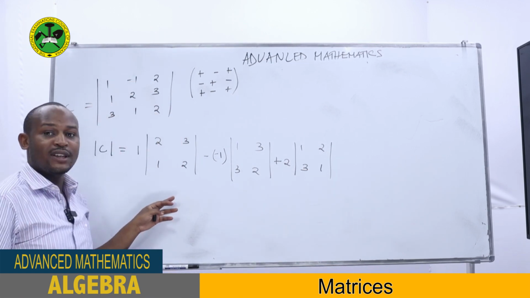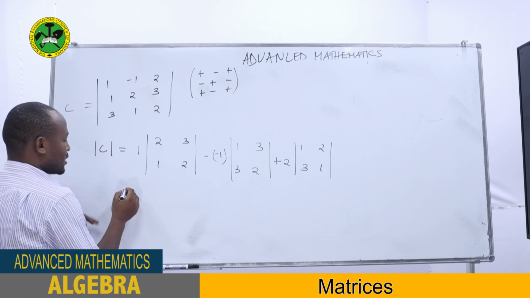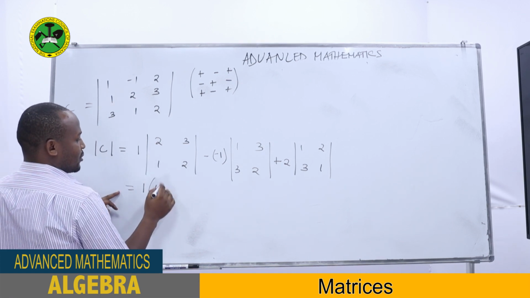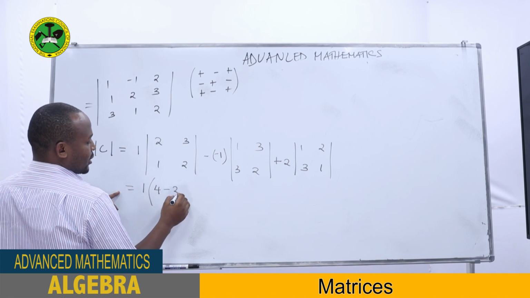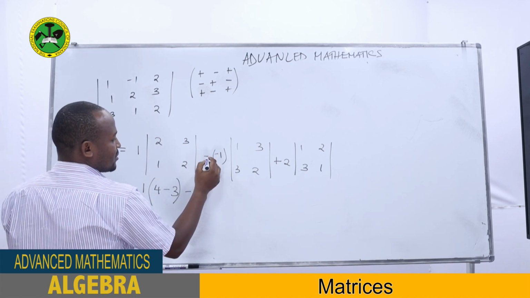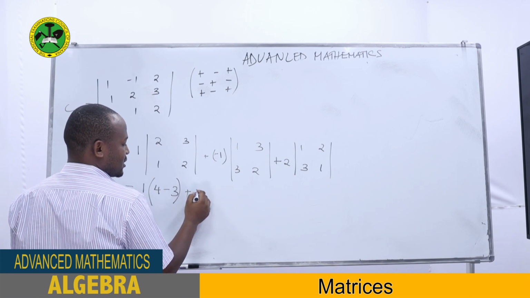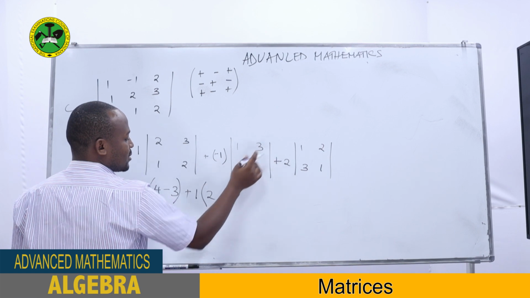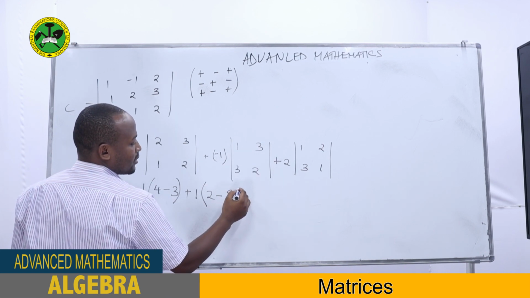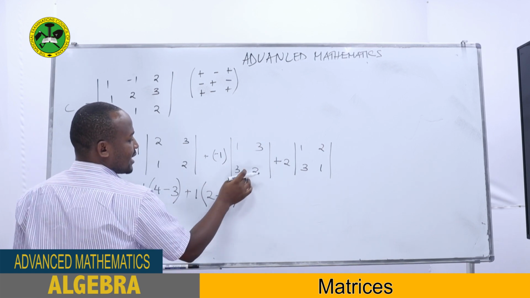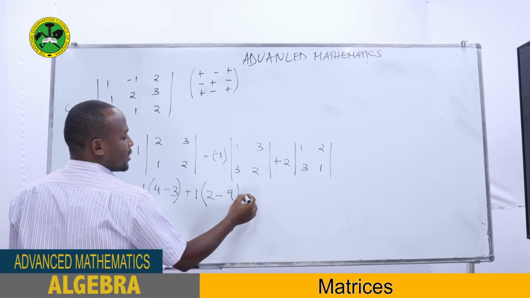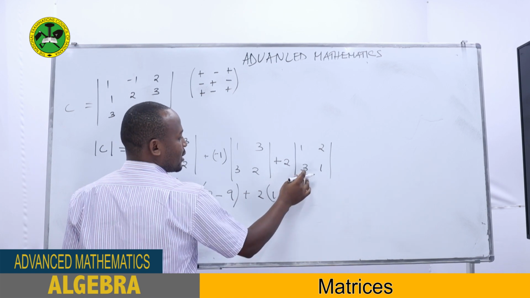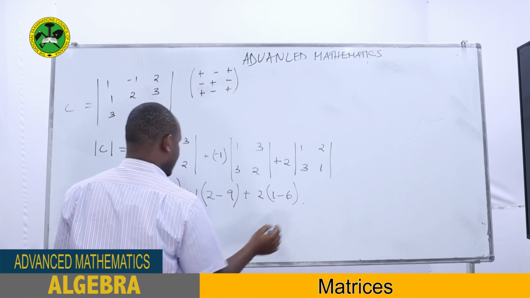We have to manipulate that so that we can get the determinant. This times that is 4, this times that is 3, and positive, so plus 1. Then this times that is 2, and this times that is negative 9, minus 9, because you are supposed to subtract there. Then plus 2 times 1 minus 6.